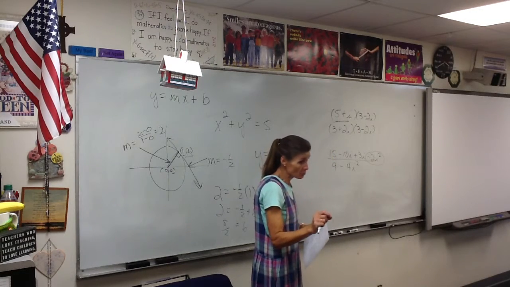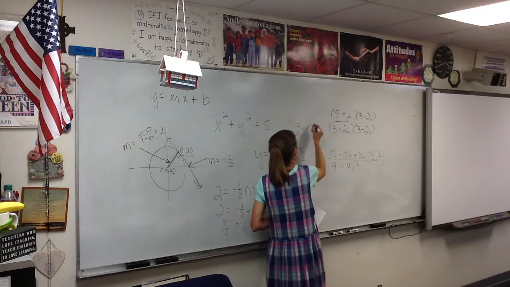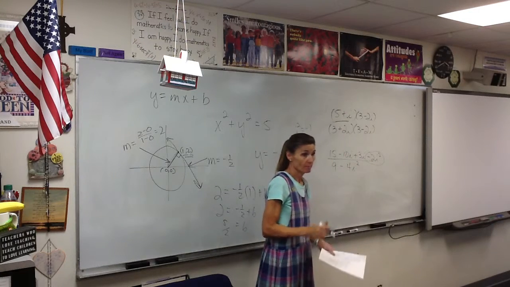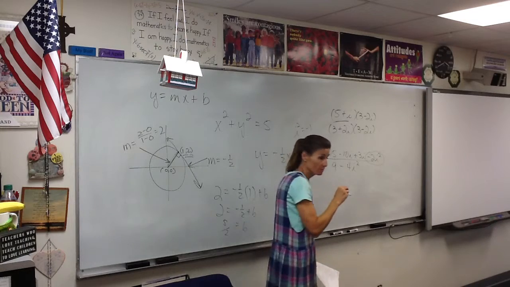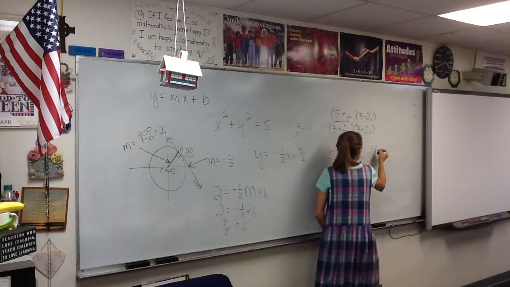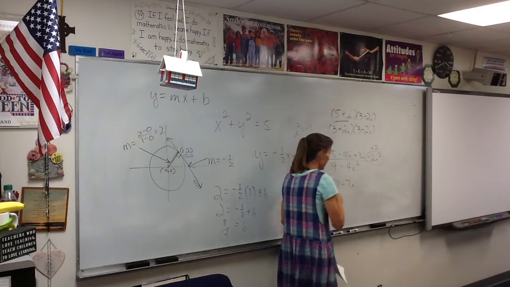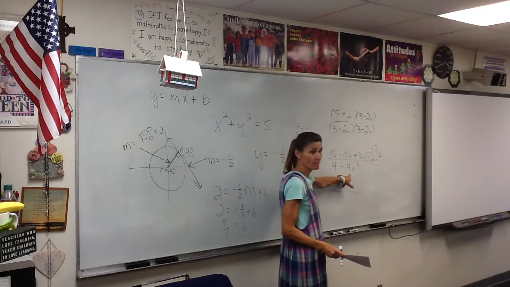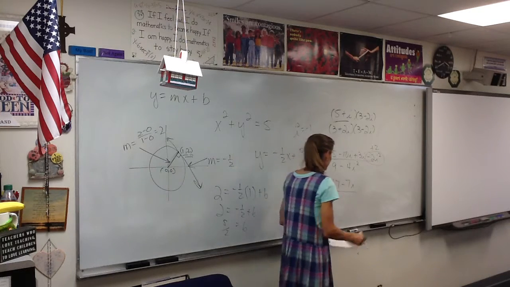Well, i squared is negative 1. So what would negative 2i squared be? Positive 2. So this becomes positive 2, so I've got 17 minus 7i on the top over, okay, here we go again. What's negative 4i squared? Plus 9 is 13.